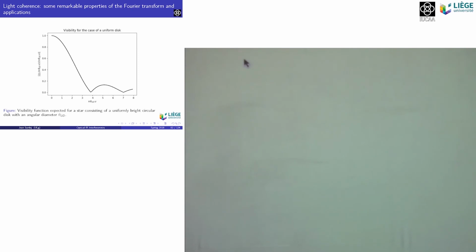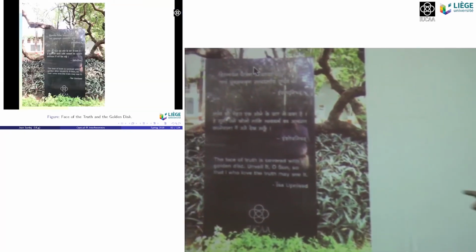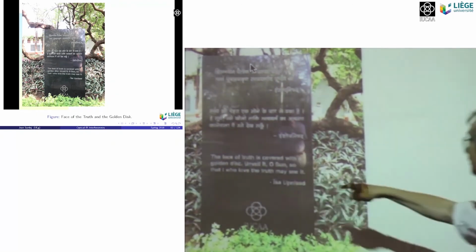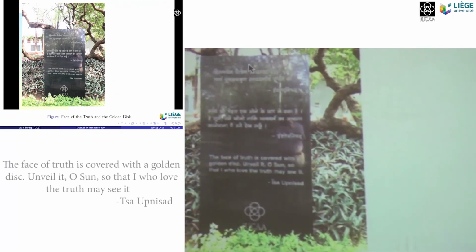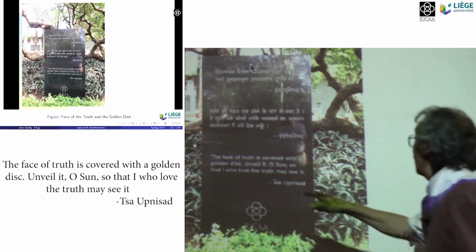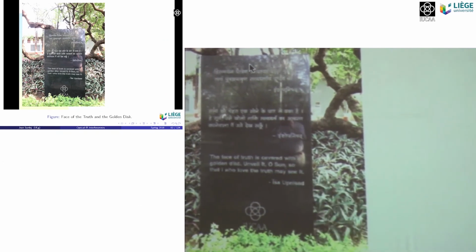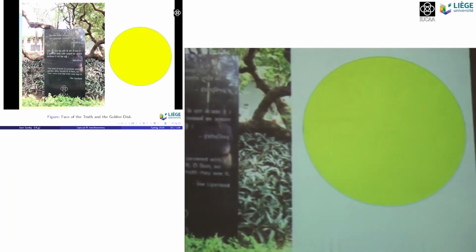So, in conclusion, before the break, I draw your attention to these very nice lines: the face of truth is covered with a golden disc, unveil it, so that I, who loves the truth, may see it. In our case, it would look like that.